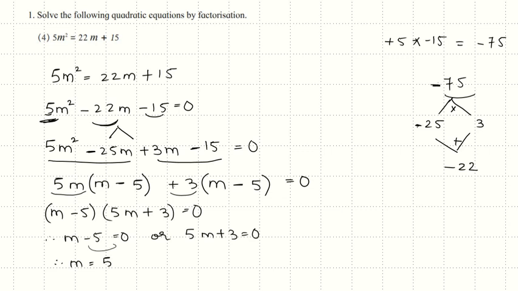As it will go on the right hand side, the sign will get changed. Or here 5m is equal to minus 3. That can also be written as m is equal to minus 3 upon 5. Therefore, the answer is 5, comma, minus 3 upon 5 are the roots of the given quadratic equation.